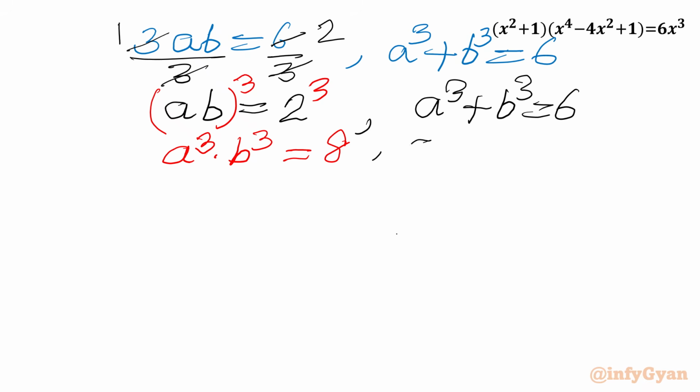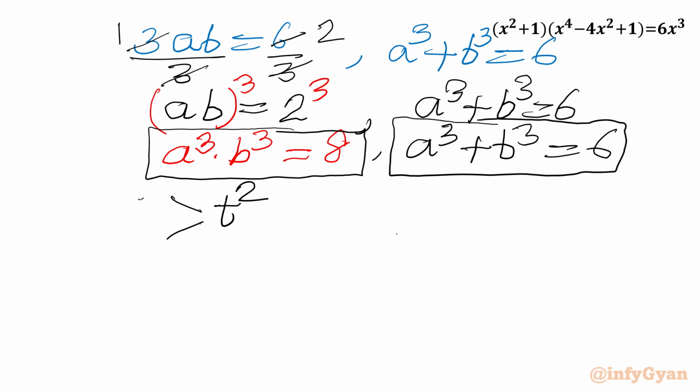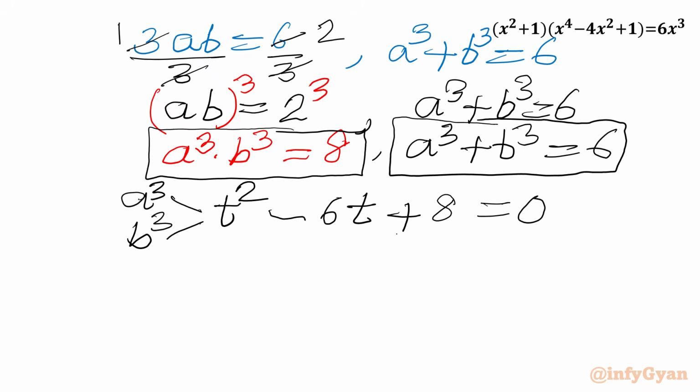The second equation is a cube plus b cube, which is equal to 6. So here we have a cube plus b cube, and here we have a cube times b cube. If we think about a quadratic equation in variable t whose roots are a cube and b cube, then we can write t square minus 6t plus 8 equal to 0.